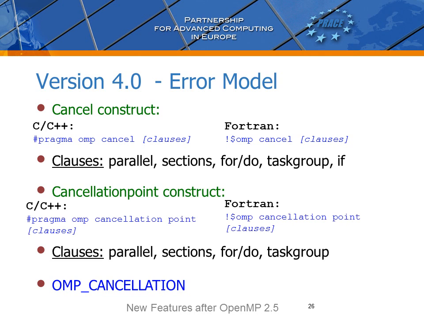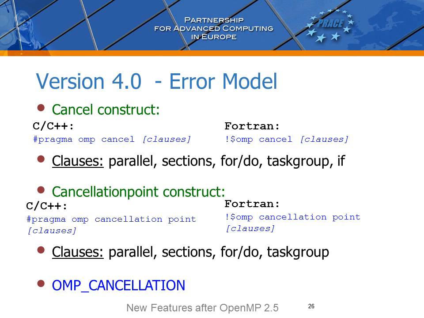The cancellation point construct corresponds to a user-defined cancellation point at which an implicit or explicit task must check if cancellation of the innermost enclosing region has been requested. The OMP_CANCELLATION environment variable sets the initial value of the cancellation internal control variable.